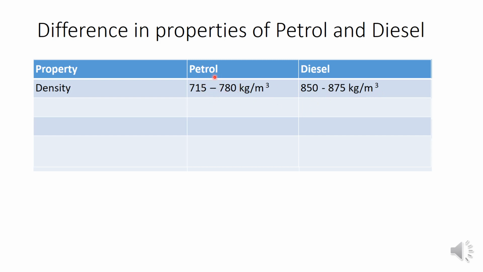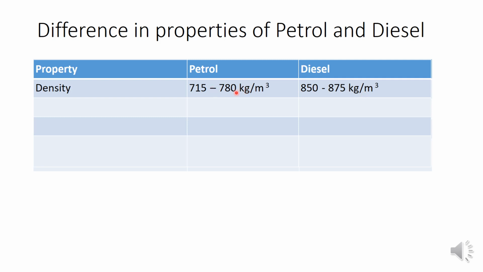This range is given because every petrol is not the same. There will be a little difference for different manufacturers and different grades of petrol, but still you can see that diesel is a denser fuel. Its density is almost 100 kilogram per meter cube greater than petrol.